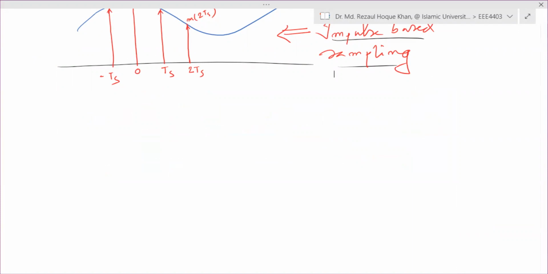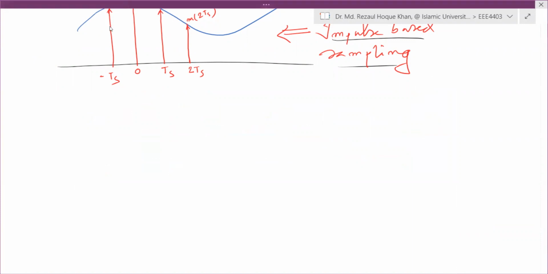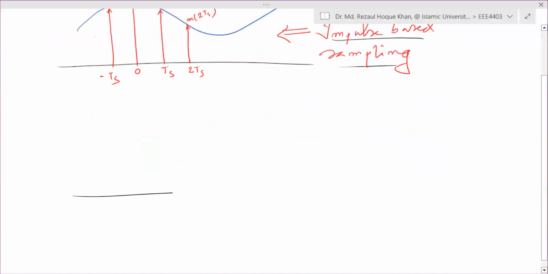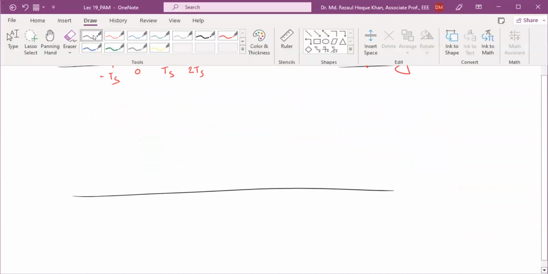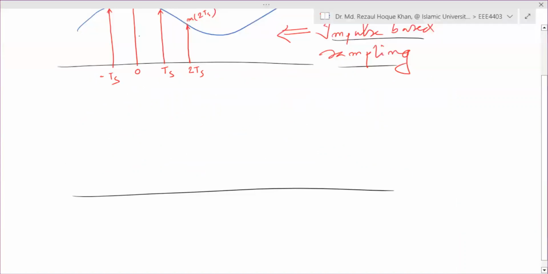Say we have a signal, and rather than an impulse, we have a pulse. Instead of impulses, we will have pulses.